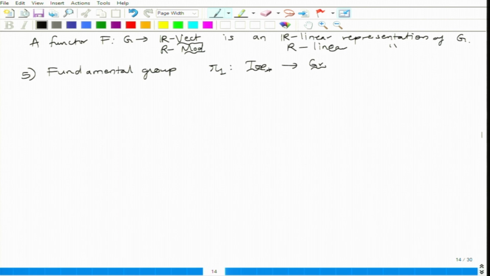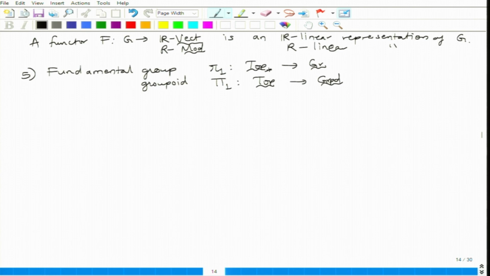More generally, you have a fundamental groupoid. That is pi 1, and that goes from Top to GRPD, the category of groupoids. Now, in fact, we can also do something else.